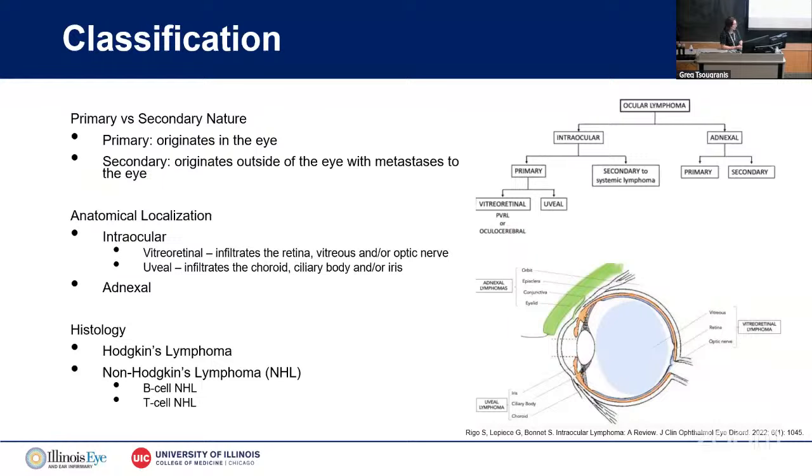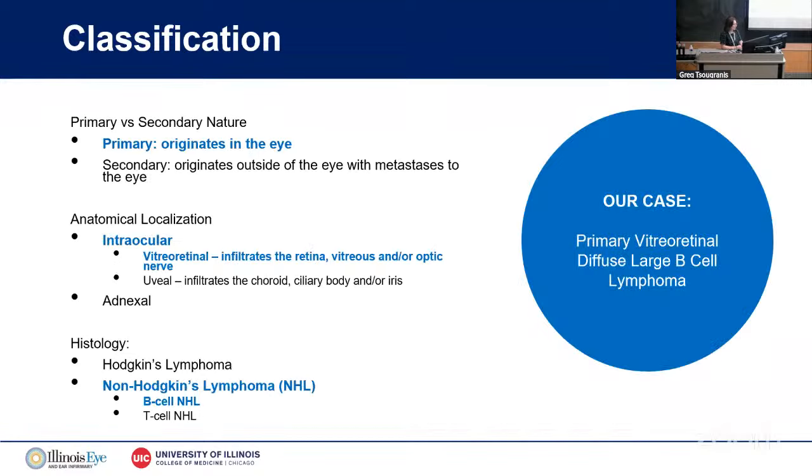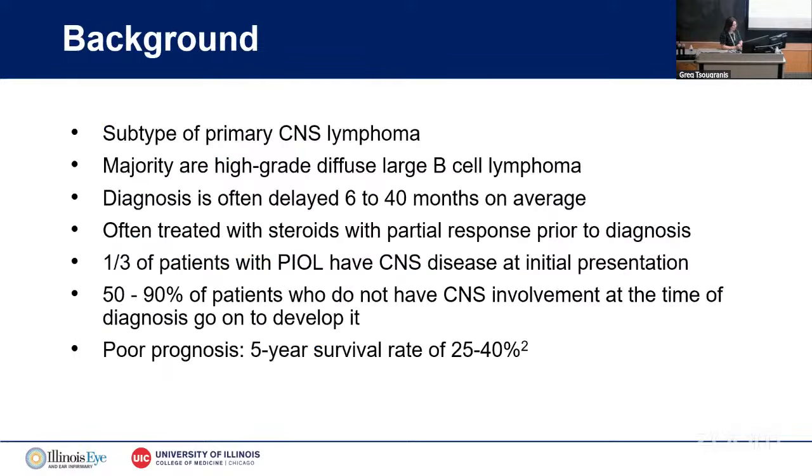This is in contrast to primary uveal or adnexal lymphomas, which typically are lower grade small B-cell lymphomas and tend to confer a better prognosis. So in our case, it was primary intraocular, specifically in the vitreous and the retina, and was a B-cell lymphoma. So that's where we get our diagnosis.